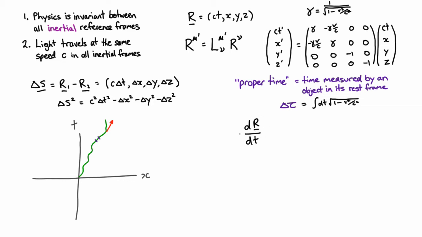So we need to take the differential with respect to something that is a scalar quantity, something that is not changing as we change reference frames. And therefore, we choose to take the derivative with respect to the proper time. And so we define our 4-velocity as the rate of change of the 4-position with respect to proper time.